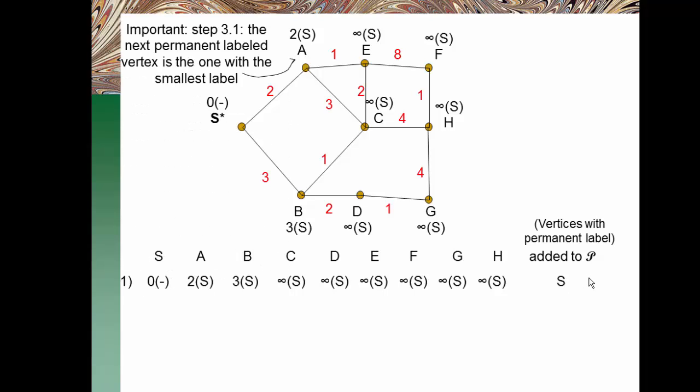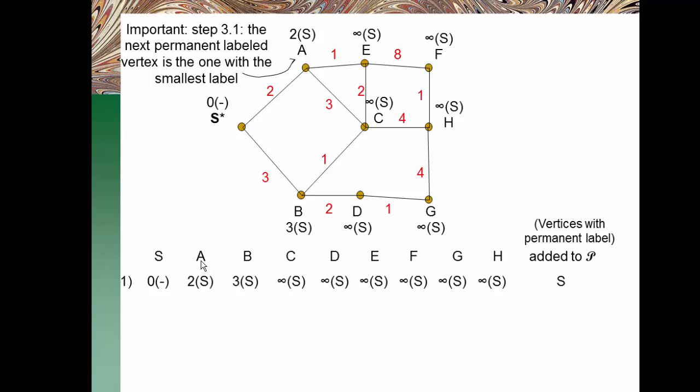In step 3, there is a sub-step that is very important. The next permanent labeled vertex is the one with the smallest label from the list of vertices that don't have permanent label. And here it is, 2. That's the label of A. If there is a choice between two vertices with the same smallest label, then we choose alphabetically.